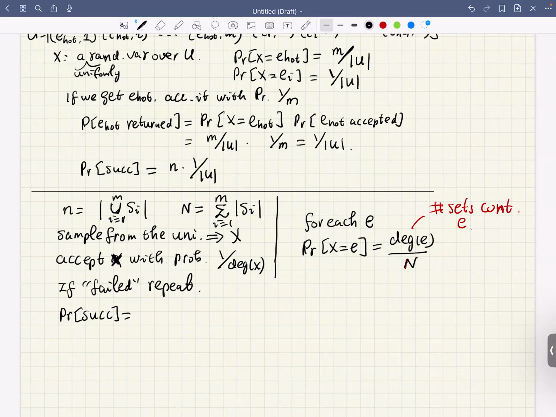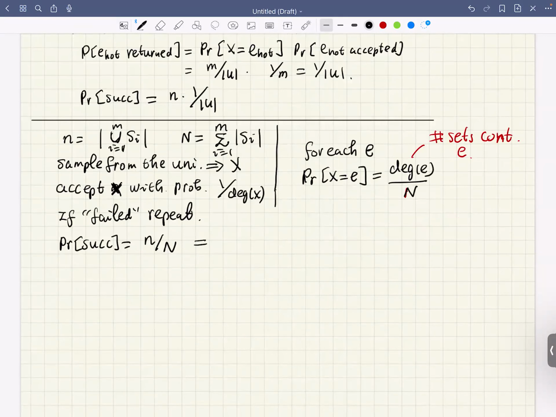Each element will get returned with 1 over big N probability. So the probability of success is just the sum of the probabilities of all those disjoint events, which is precisely n over big N. So how many times do you have to repeat this? In expectation, the expected number of repeats is big N over small n. Okay, so that's the algorithm.